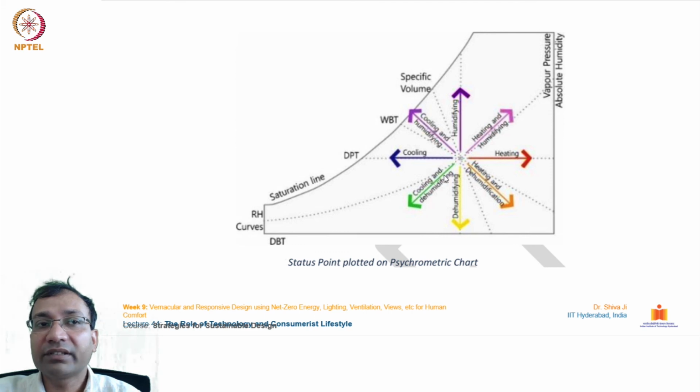On this side cooling is needed, and on this side cooling and humidification is needed. This side needs cooling and dehumidification. Similarly, once the temperature of any given place, the relative humidity, the wind direction, the wind movement, etc. keep on changing and fluctuating, what kind of induced phenomena will take place is shown through this table over here.